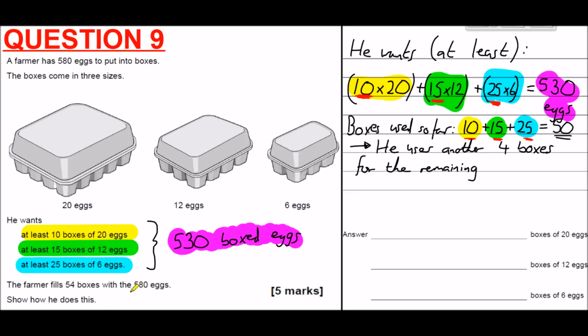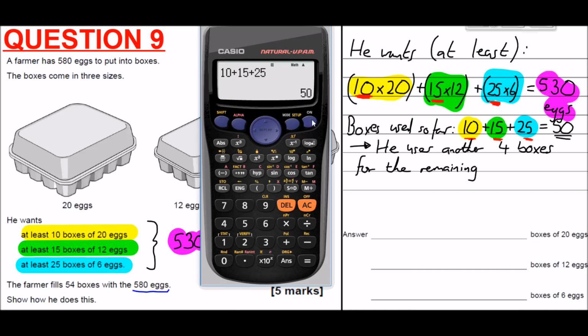But it's saying here that he's got 580 eggs. And so how many eggs does he have left? If it's 580 eggs he's wanting to box up, and this takes care of 530, he's going to have another 50 eggs still left. 580, take away 530, 50 eggs left.